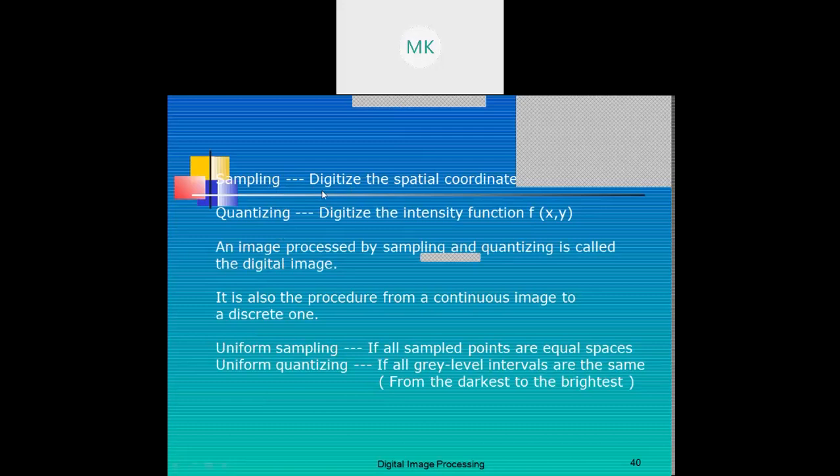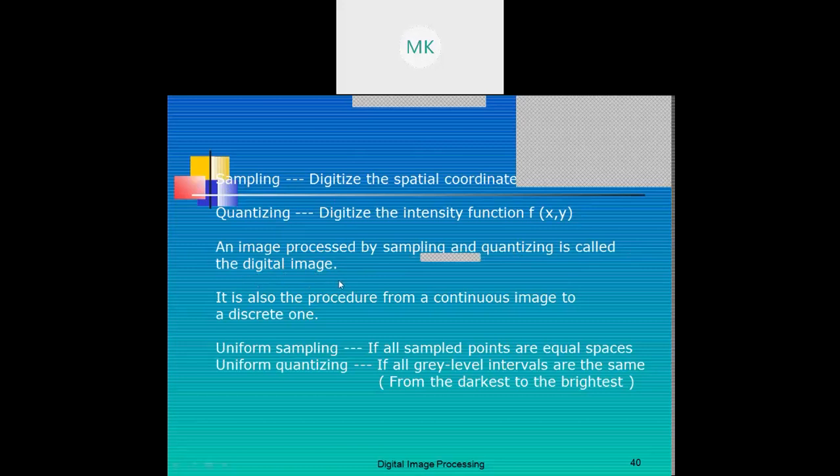First, sampling is considered with respect to spatial coordinates. Quantization is considered with respect to the intensity function f of x comma y. The image can be processed by using both sampling and quantization. Such an image is called a digital image.